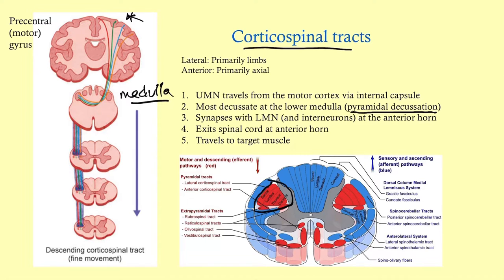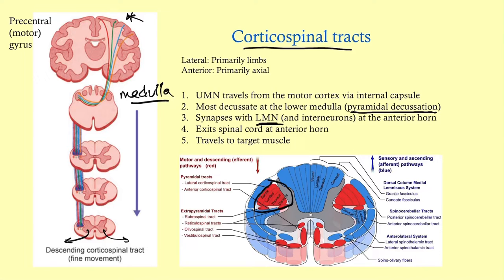There's also interneurons, but mostly I want you to be aware that you synapse with the lower motor neuron. And that neuron is going to come out at the anterior horn. And so you'll come off anteriorly like that. And you'll go all the way on then at that point to the muscle that you want to affect. All right, so that is the corticospinal tract.